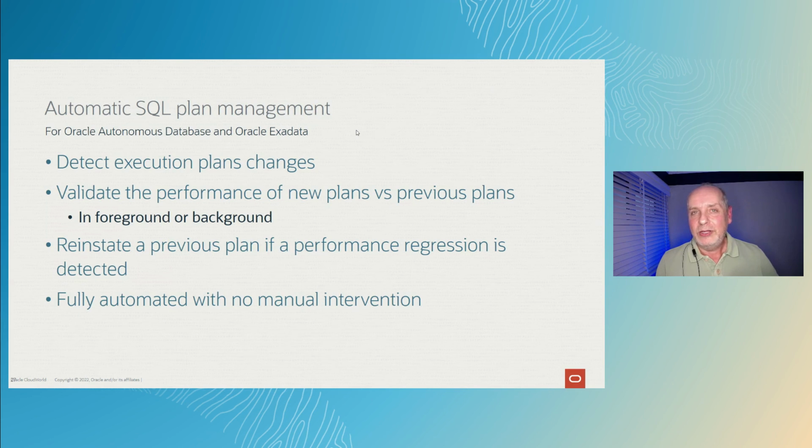If it establishes that there's been a performance regression, it can reinstate a previous plan. There could be multiple plans, but it will pick the one that it considers the best out of the ones that were used before. Fully automated, you don't need to establish, for example, a capture cycle or anything like that. You can just let it take care of the database for you in an autonomous fashion, basically.